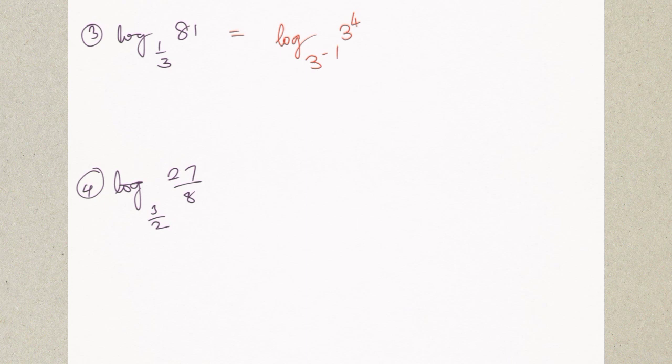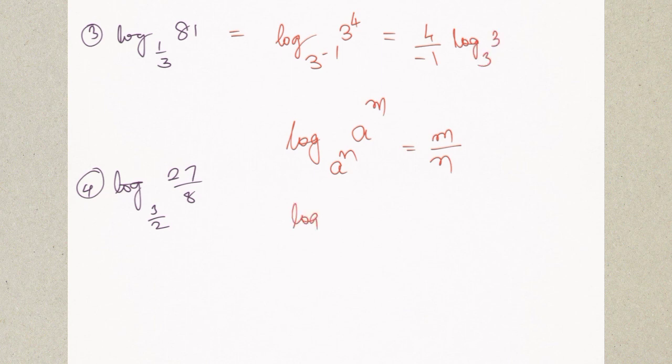Now this is like the logarithm of a power m to the base a power n, and the answer is m by n. We know this, right? So it is going to be 4 by minus 1 times logarithm 3 to the base 3. The logarithm of a to the base a is simply 1. So the answer is minus 4. Okay, minus 4. I am erasing this.